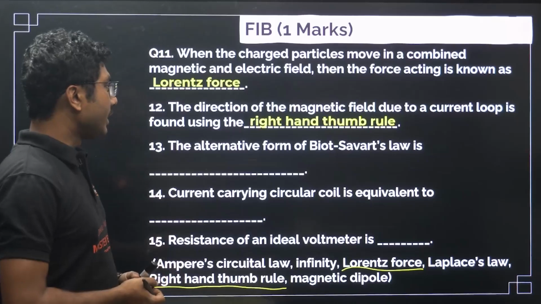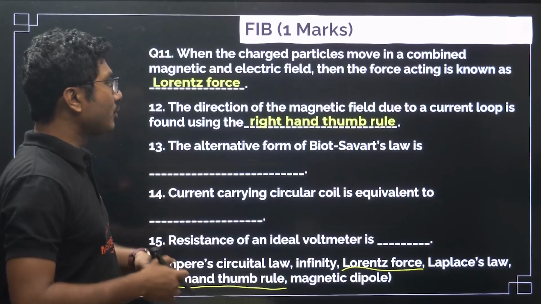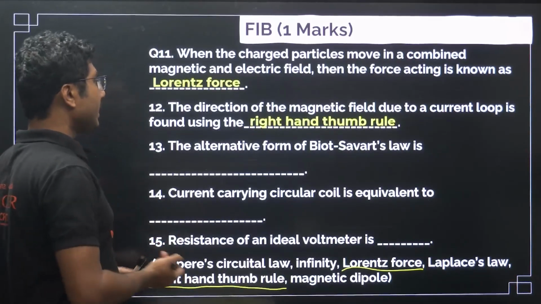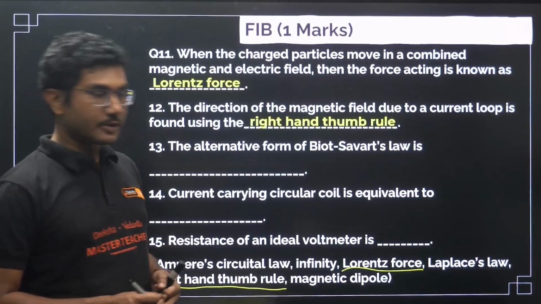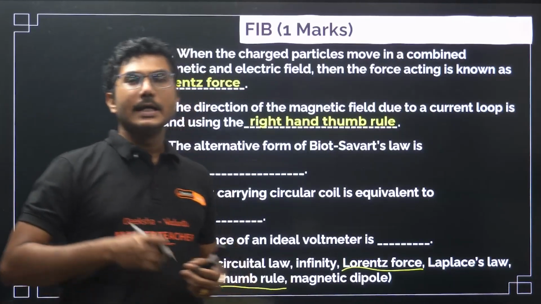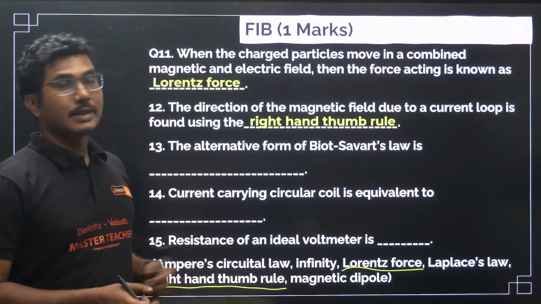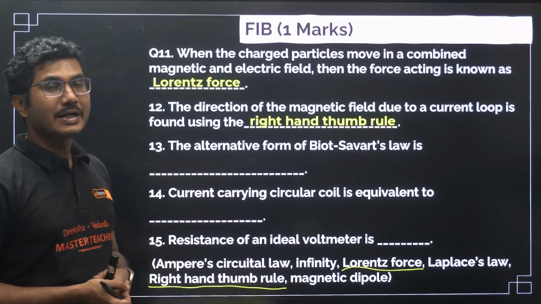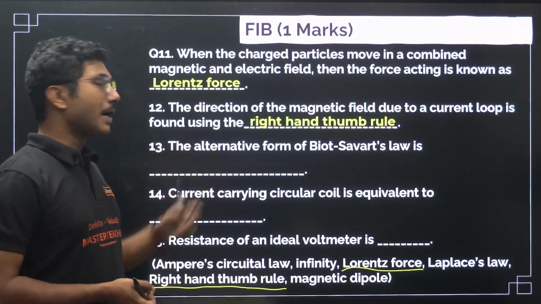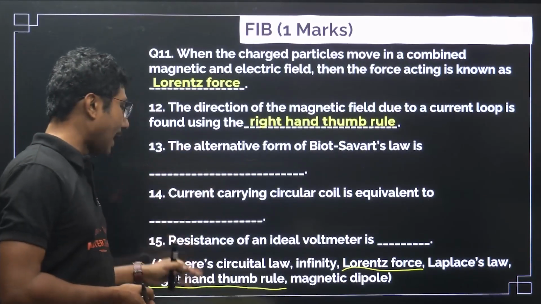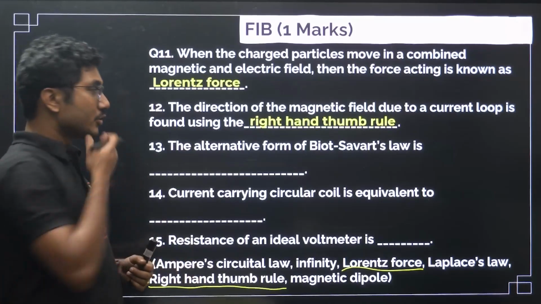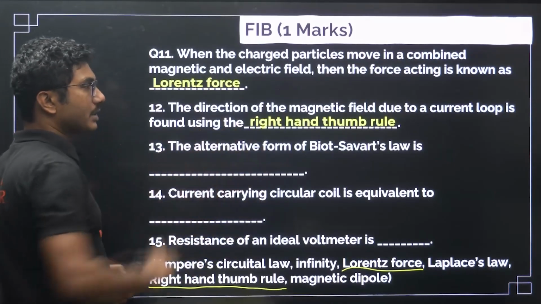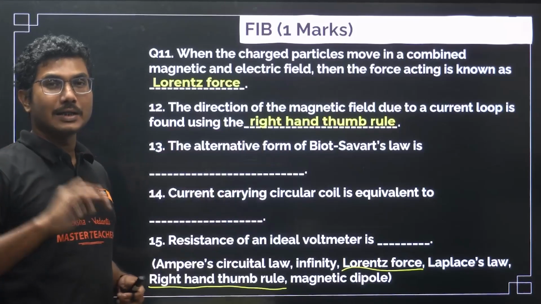Next, the alternative form of Biot-Savart's law. If you remember, in some cases, for example the magnetic field due to a straight wire, we can use Biot-Savart's law and we can use Ampere's circuital law as well. They are one and the same thing.